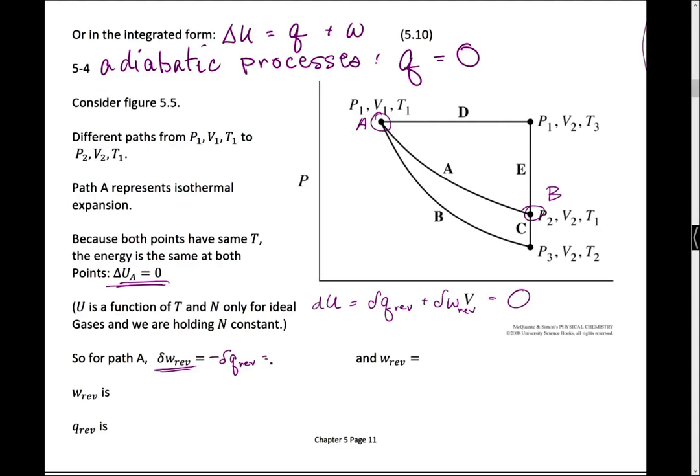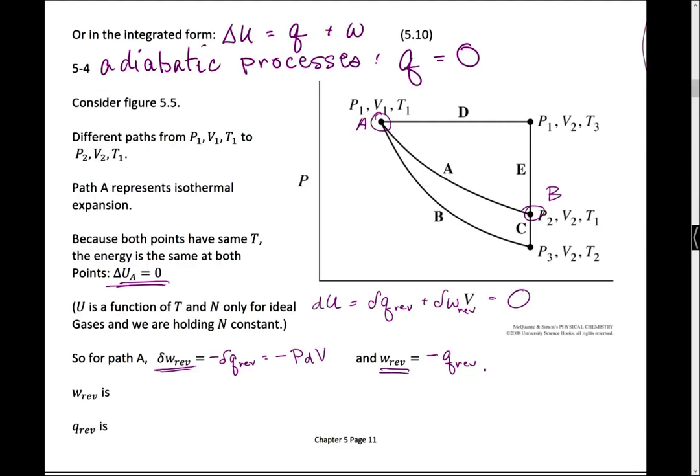And we have previously defined expansion and compression work as minus P dV. Okay? All right, so those guys are equal to each other. And then if I integrate that, I end up with the reversible work is the same as the negative of the reversible heat transfer, right?